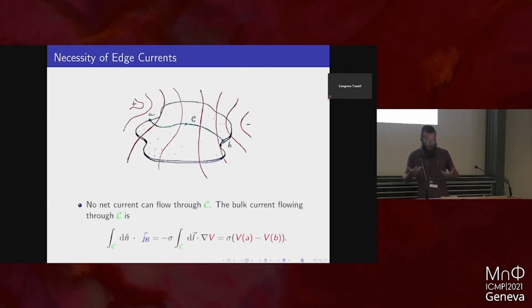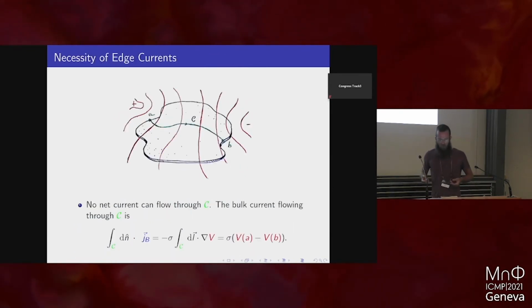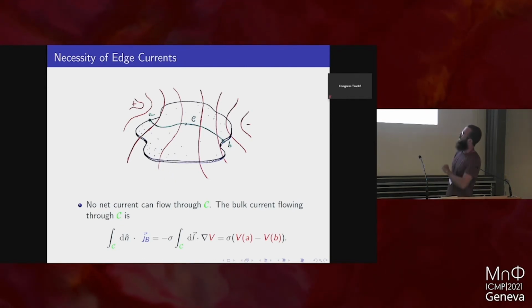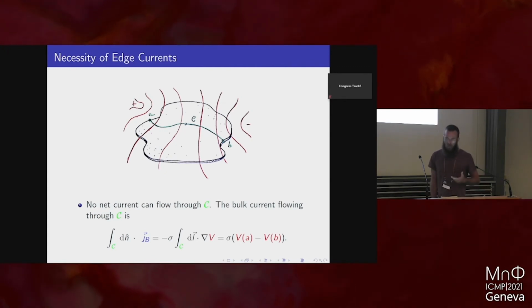So, of course, what has to happen is that there must be some mechanism to get rid of the charge that flows from the bulk to the boundary, and let's think a bit about what should happen precisely. Let's take an arbitrary curve C connecting 2 points of the boundary. Then I know there is a bulk Hall current flowing through this curve given by this formula.